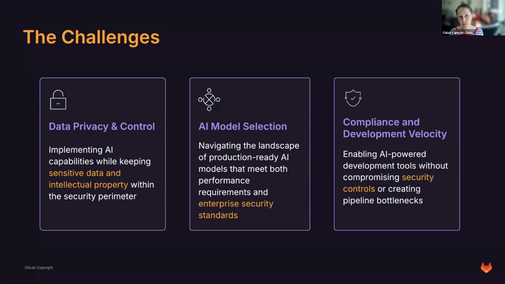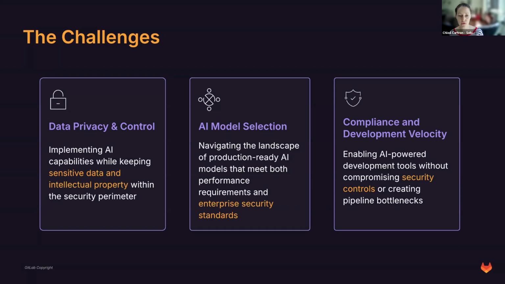Once we are sure that the perimeter is secure, we need to understand which model we should use for the right use case. As Olivier said, there is not a single model that can cover every single use case. At least that's not the case right now. And there are also new models emerging, or new versions coming up frequently. It's a market that evolves very quickly. So we need to be able to also stay up to date with the models that we use.